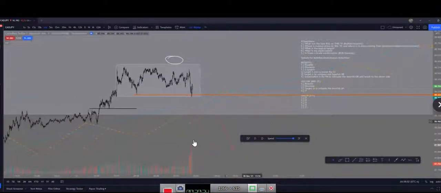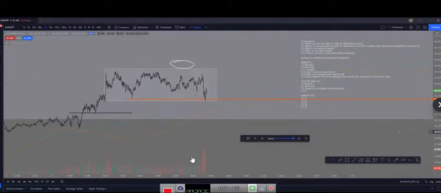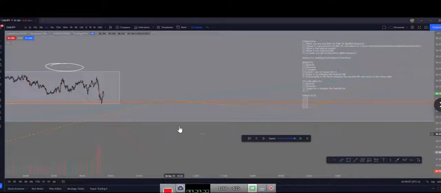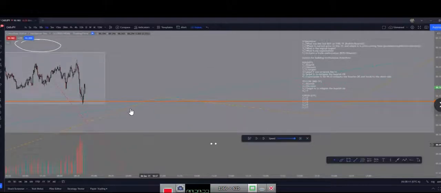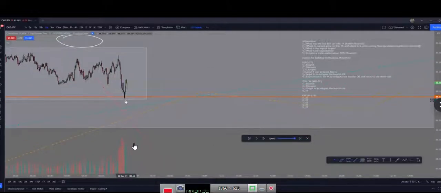So now, volume did go into this area with a lot of volume. So if it breaks down again, I'm going to short, okay? So I'm going to put a short position here.